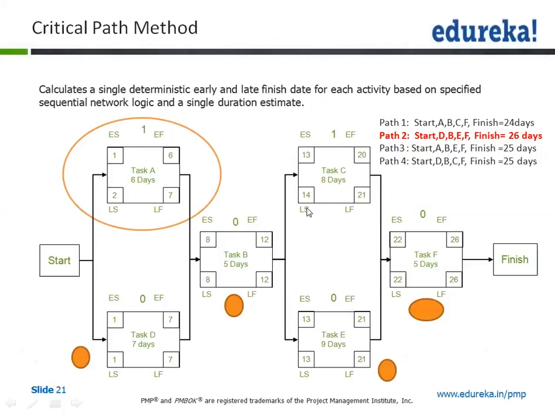That means there cannot be any float in the critical path. Remember, there could be questions around it. A critical path will not have the free buffer. Critical path will not have the float. So that's with 0 float.